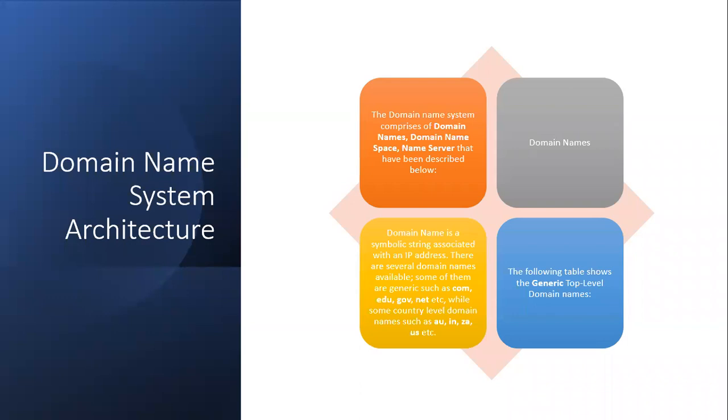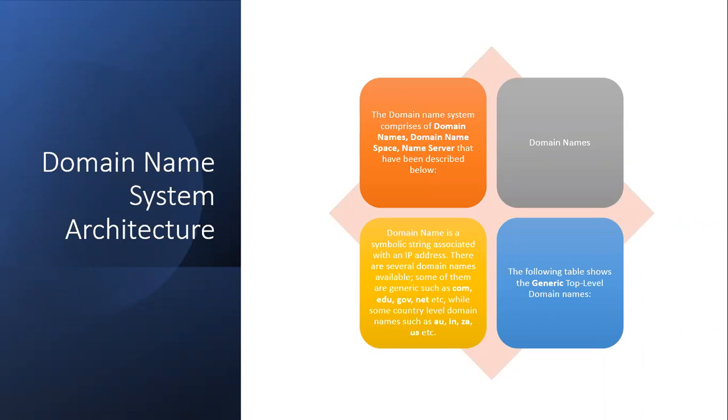Domain name system architecture. The domain name system comprises domain names, the domain namespace, and name servers, which have been described. A domain name is a symbolic string associated with an IP address, and there are several domain names available.